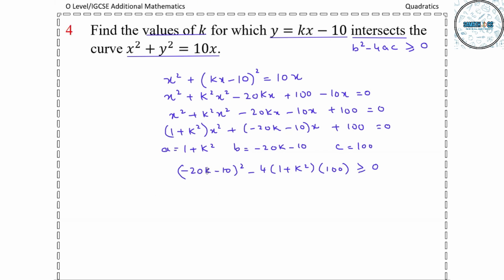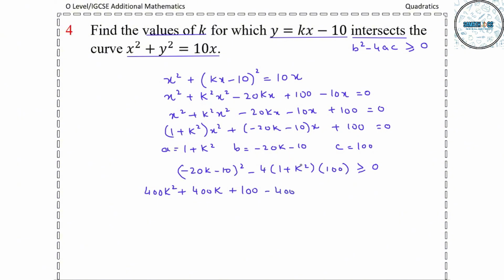So square of minus 20k is 400k square, plus 20k into 10 into 2 is 400k. Square of 10 is 100. Minus 4 multiplied by 1 multiplied by 100 is minus 400.